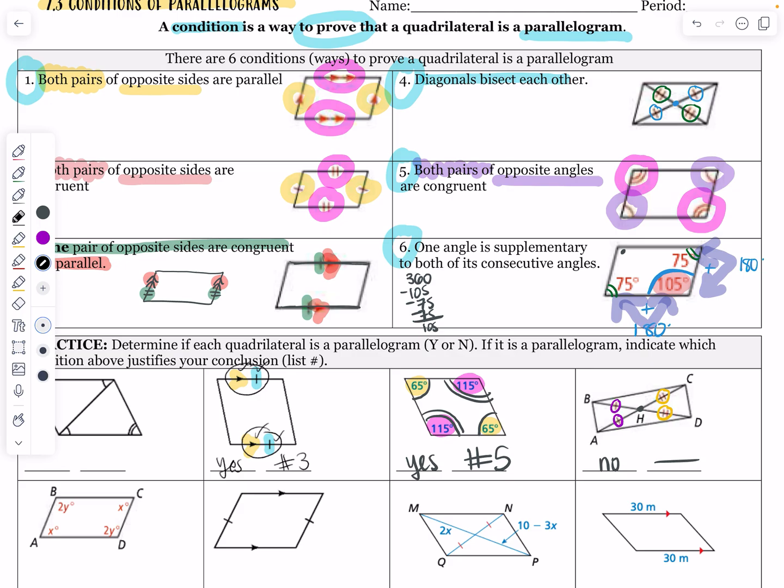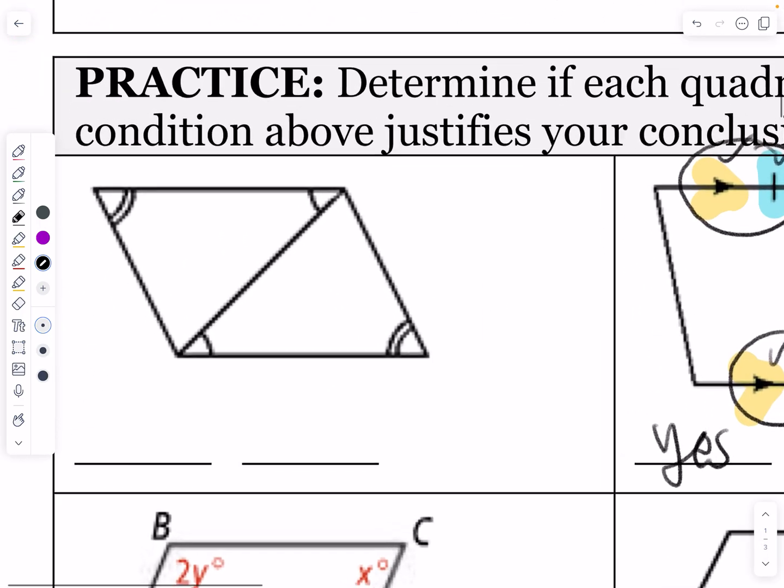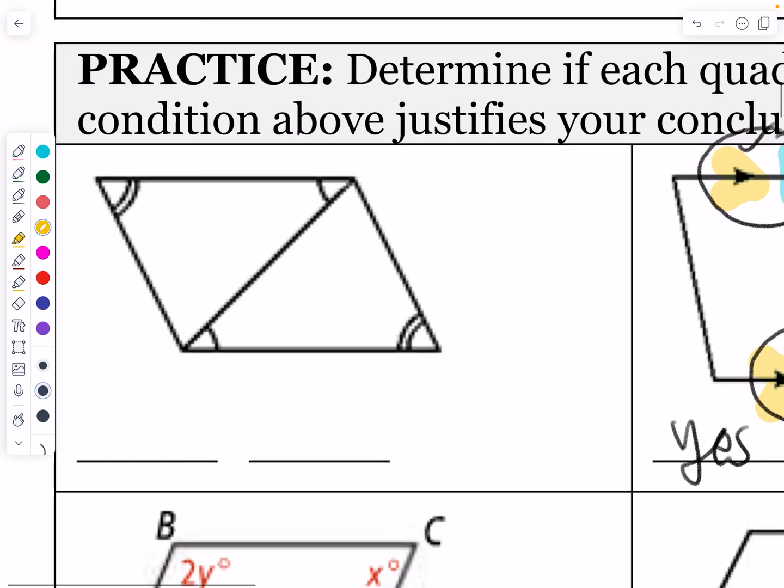Okay. All right, this is a lot going on. So when you first look at this picture, it looks like one set of opposite angles are congruent to each other currently. And then we've also got these angles marked as congruent, but those are not opposite angles in this quadrilateral.